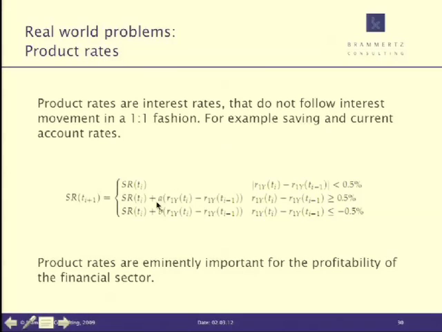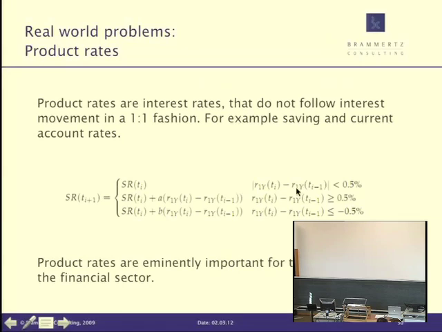But then you could say it is saving rate in T plus A times the difference between the two, with a factor A. That means we adapt a little bit. A will be then most likely less than 1 because we adapt less than the market conditions. If the rate goes up, then A is less than 1, yes.